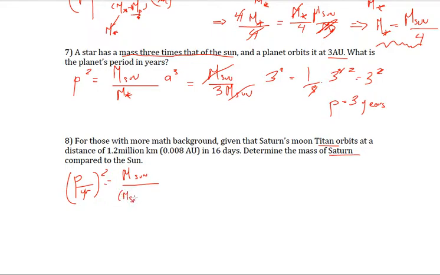This is mass of Saturn plus the mass of Titan. Remember that the mass of Titan is a lot smaller than Saturn, so we simply neglect that. And that equals the semi-major axis in astronomical units cubed.